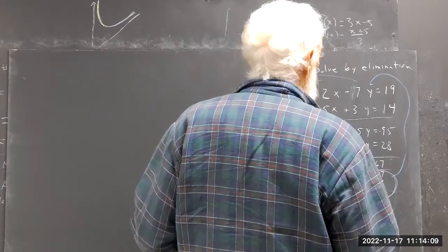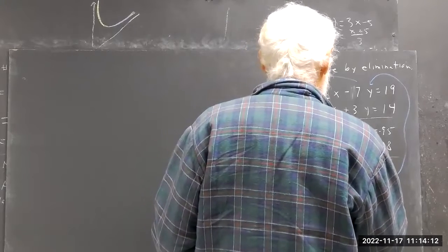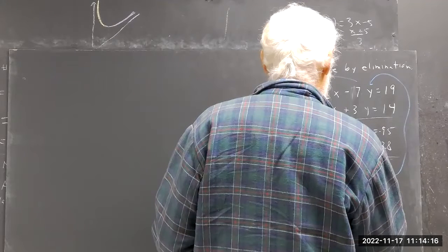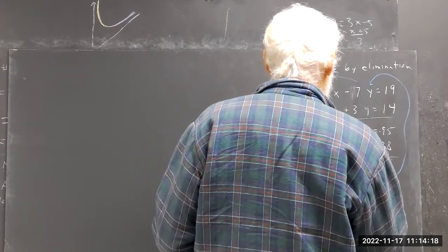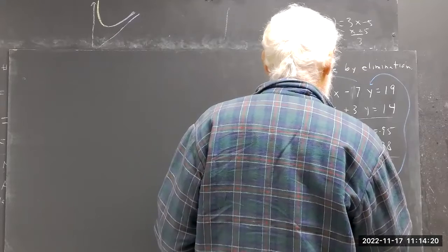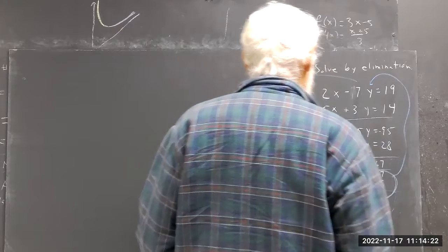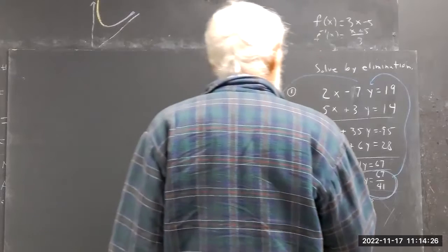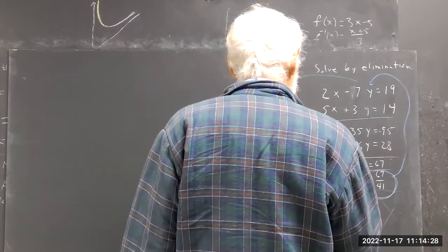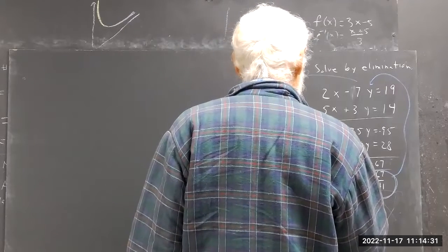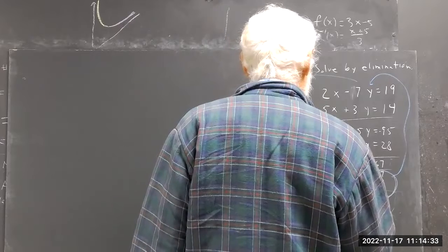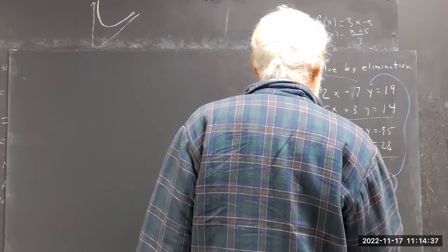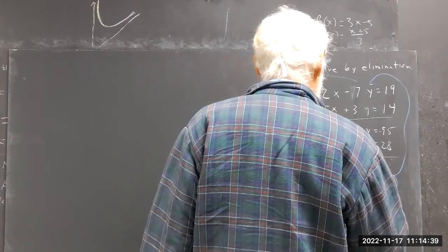So that's going to be 420 and 49 is 469, over 41 and so forth. And multiply both sides by 41. We don't have to get confused by the fraction.